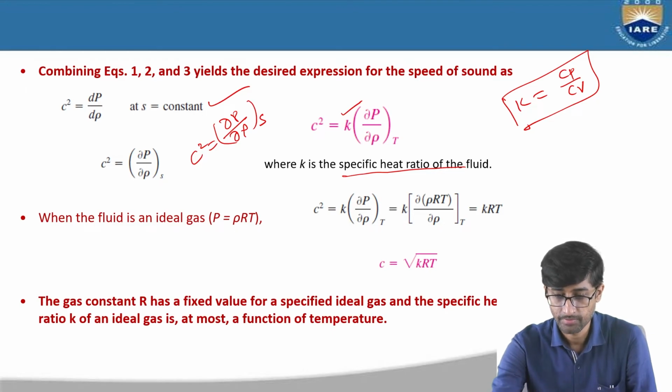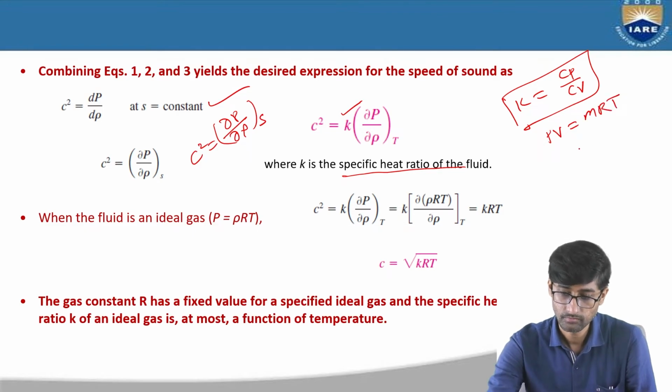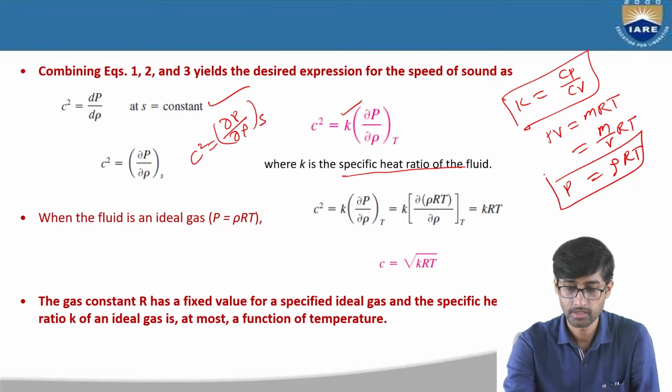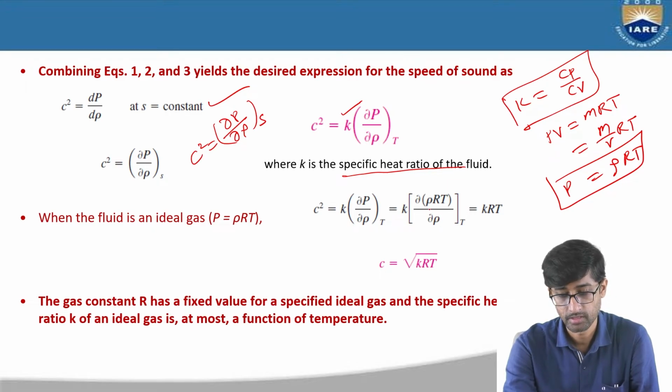Again, we know from the ideal gas equation that Pv equals mRT. That becomes P equals m by v times RT, that is, P equals rho RT. So instead of P, you write rho RT: c square equals k del by del rho of rho RT. If you do the partial differentiation, RT is constant, so this becomes 1, giving c square equals kRT.